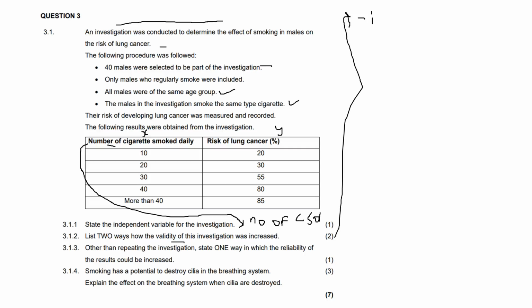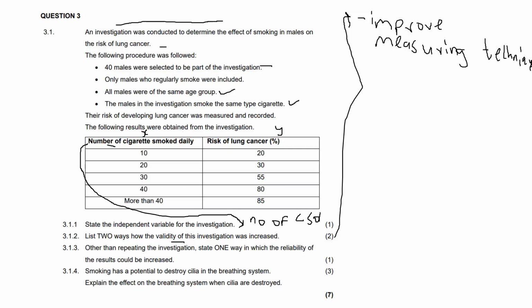The one that we can do is to improve the measuring technique, how you are measuring this risk of lung cancer. That will be one way you can improve the validity.